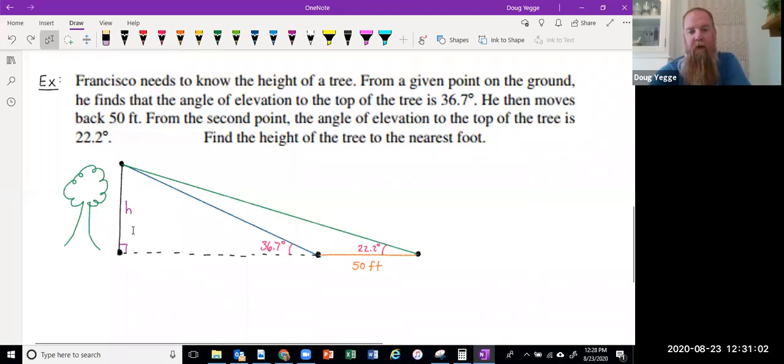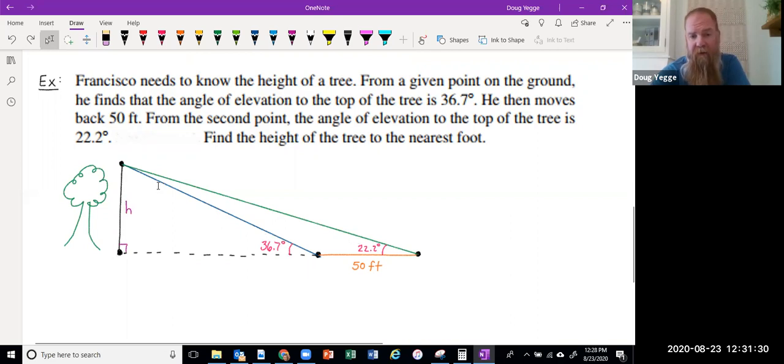One thing you can notice about the height of the tree is that the height is the opposite side of 36.7 degrees in this triangle, but it's also the opposite side of 22.2 degrees. So if we think about what ratios involve the opposite side, that would be sine, which is opposite over hypotenuse, or tangent, which is opposite over adjacent.